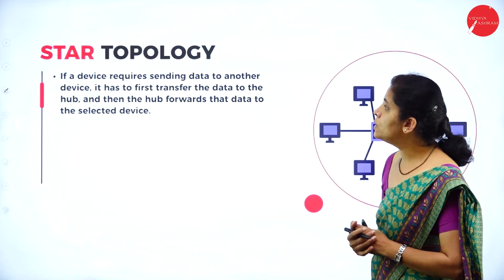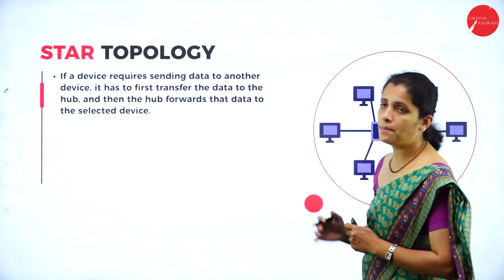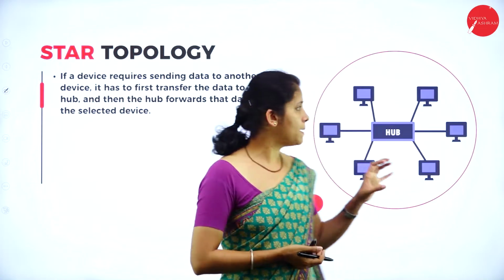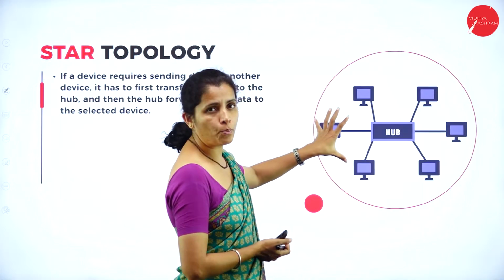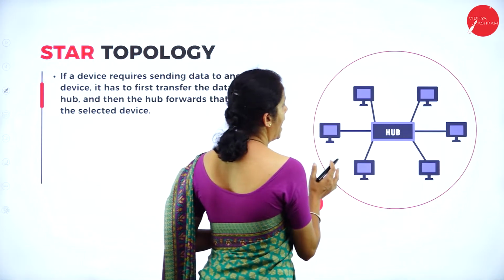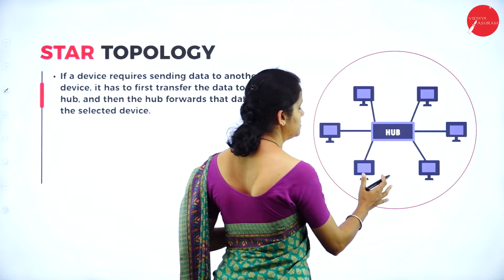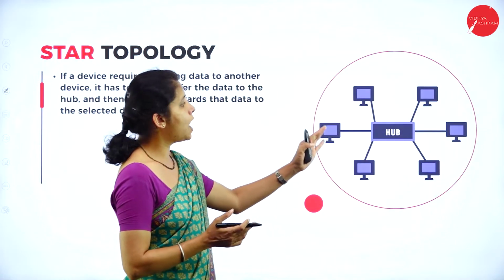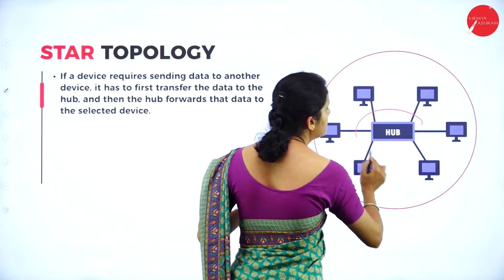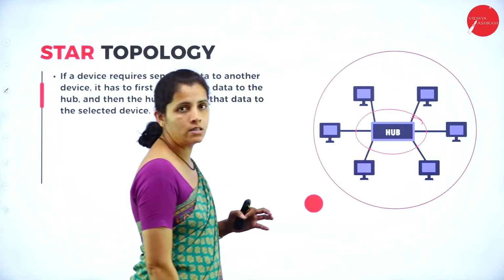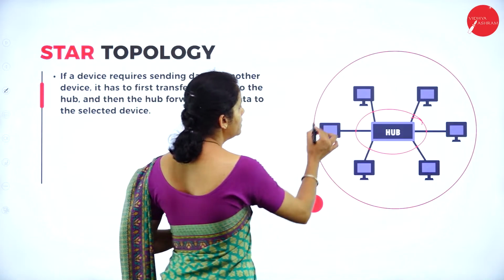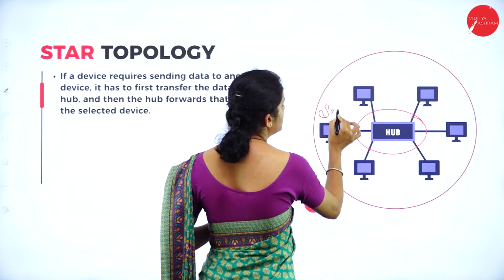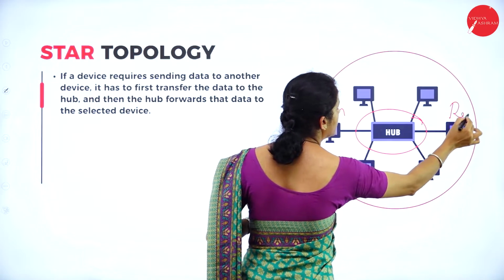Now, let me consider the diagram here. See, this is the example for star topology. I have a total of 6 systems, and all 6 systems are connected via the hub. This is the central node or central device. Think that this is my sender and this is my receiver.